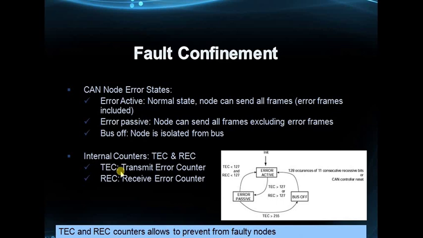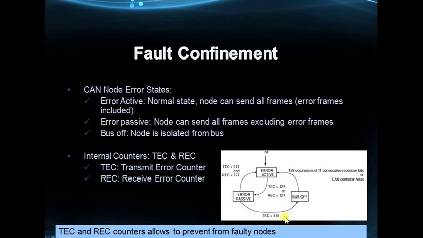If the transmit error count crosses 255, the node will switch off from the network. Automatically it will switch itself off; there is no need to control the faulty node.